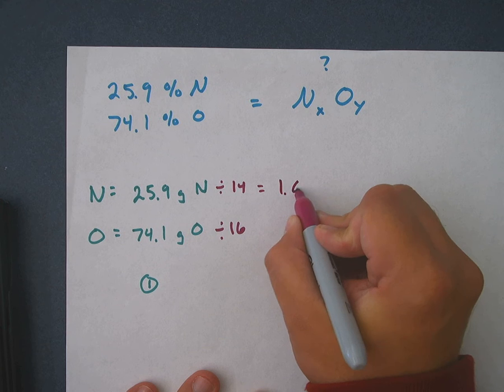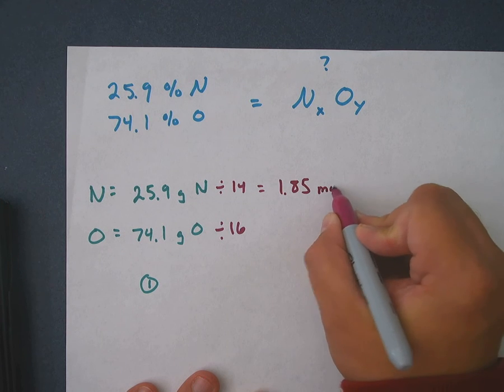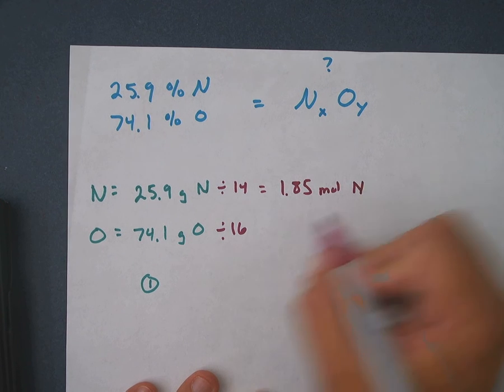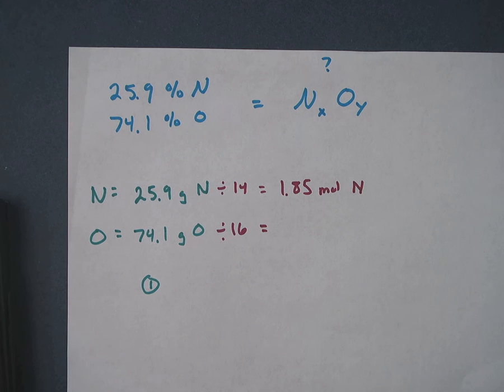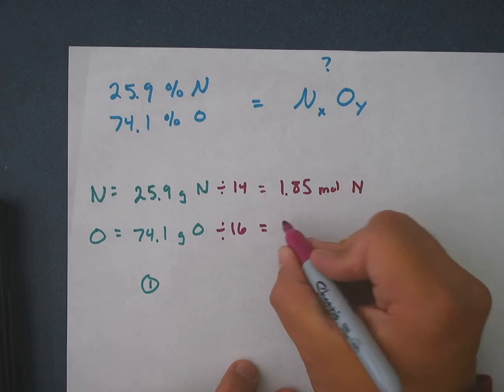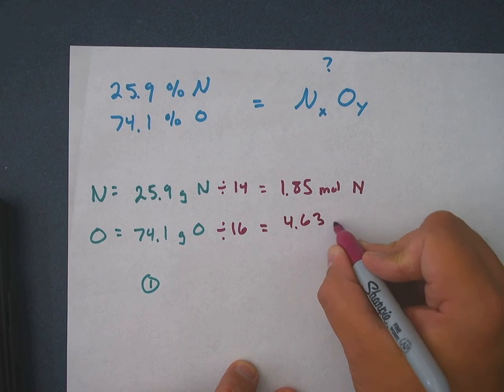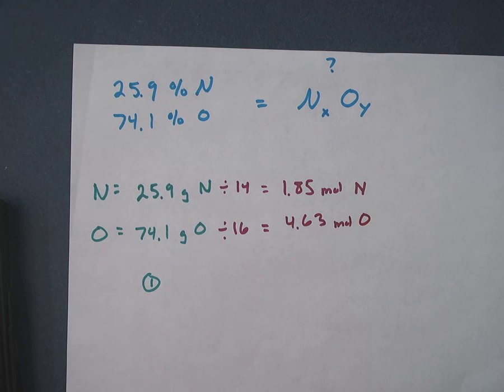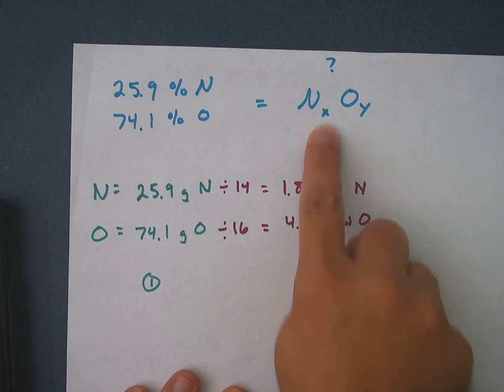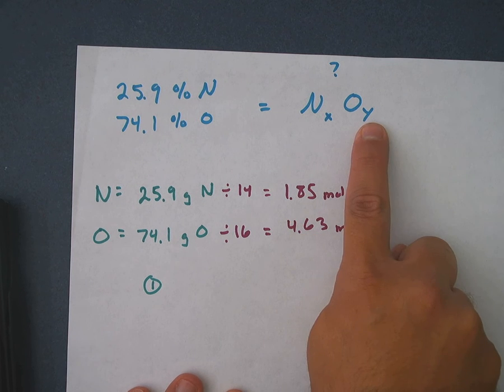And I'll get 1.85 moles of nitrogen, and 74.1 divided by 16 gives me 4.63 moles of oxygen. Now, we cannot put 1.85 and 4.63 in the formula, right?